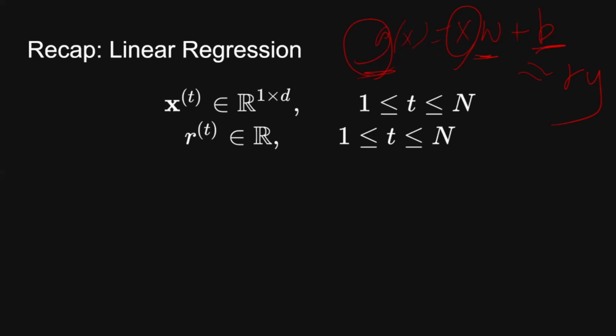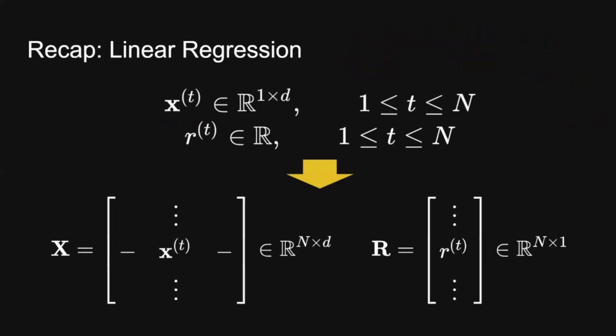In linear regression, the way we formulate it is, first of all, we represent a set of features for a given data sample as a d-dimensional row vector, and then we have a real number corresponding to that. We can construct a feature matrix where each row is a row vector corresponding to the tth data sample.